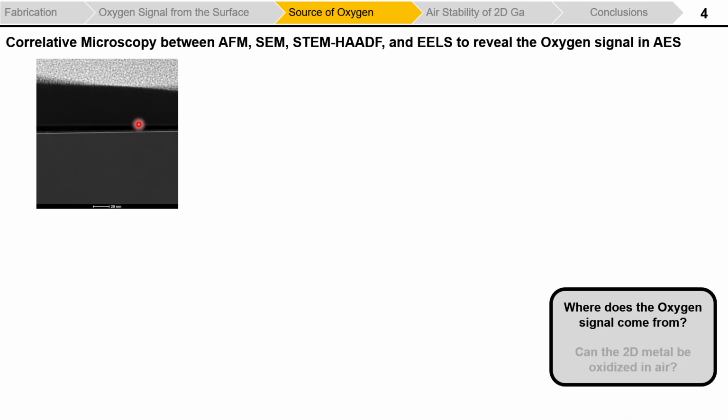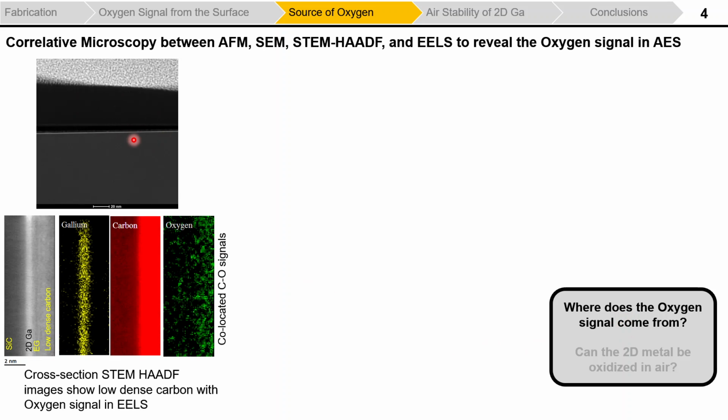In our HAADF images, we applied STEM EELS, and fortunately we can see here there is no oxygen co-located with the gallium, which is a good indication. However, there is an oxygen signal at the top here. It could be co-located with the graphene, because we use oxygen plasma to damage this graphene before the intercalation.